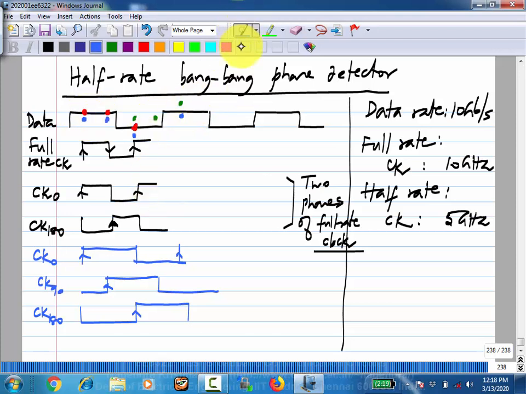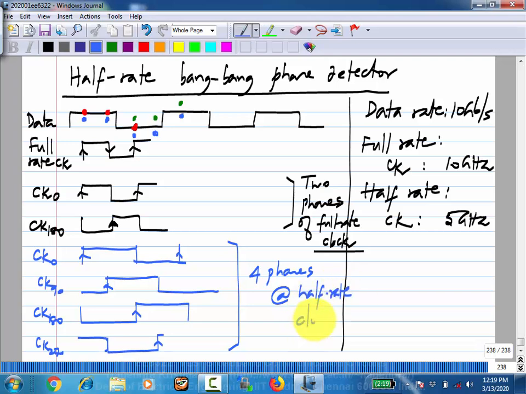So to get this sample, I also need the 270 degrees clock, which is just the opposite of that one. This rising edge will give me this clock. It's not to scale, but you get the idea. It's also not hard to imagine. So instead of 2 phases at the full rate clock, I will need 4 phases at the half rate clock. Is this fine?